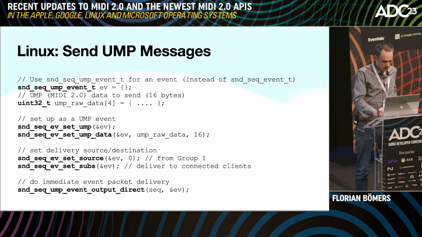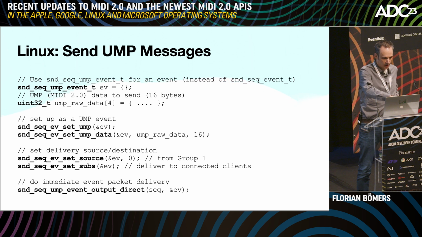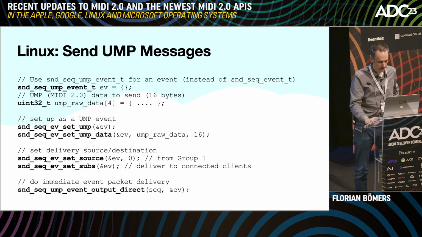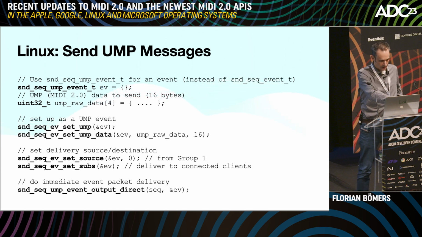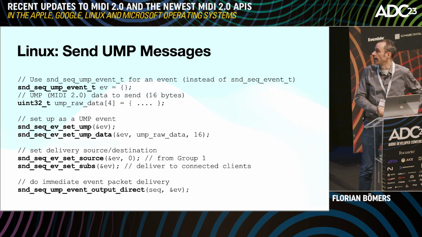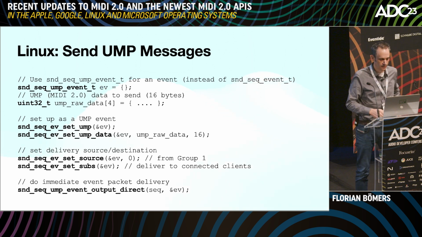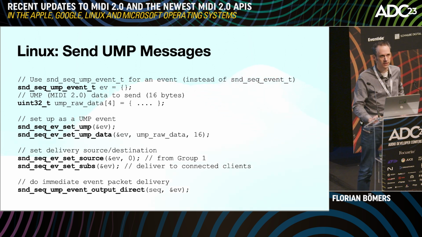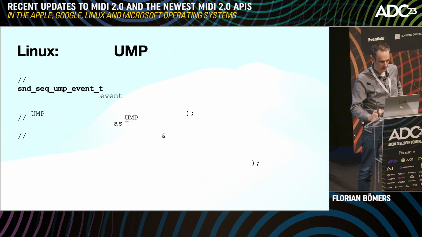So there's a lot of setting up of the event from your raw UMP data, and then setting source and destination, and eventually, in the last line, sending that event to the sequencer instance that you have previously opened.